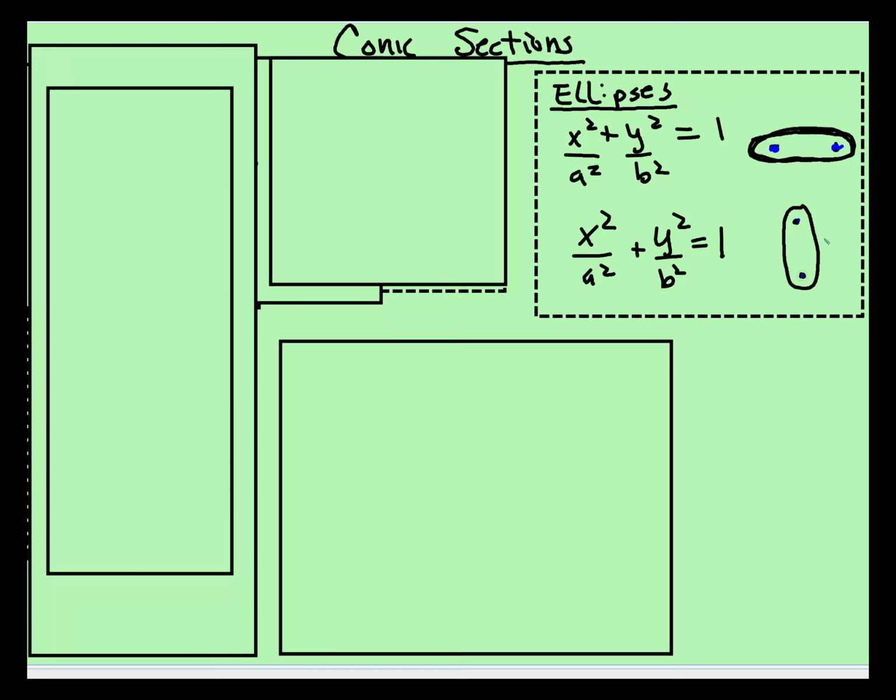You can have an ellipse that is longer horizontally, where a squared would be larger, the a value would be larger than the b value. So this shape is when a is greater than b and they're greater than 0. In the case where the ellipse is longer vertically, that is when b is greater than a, which is greater than 0.